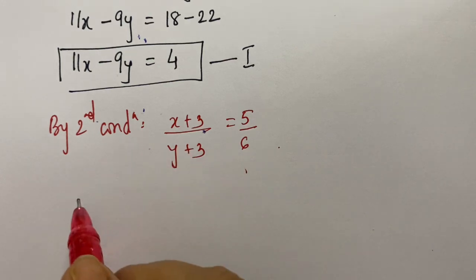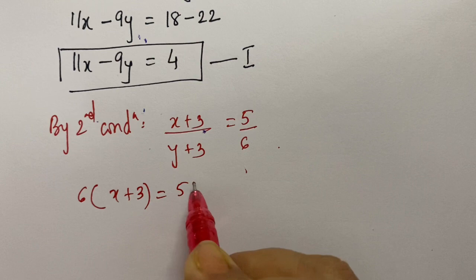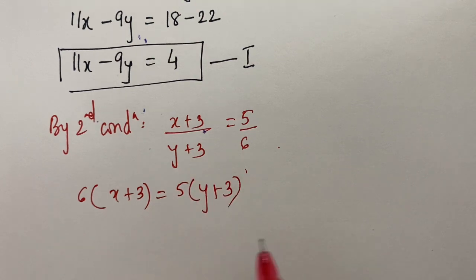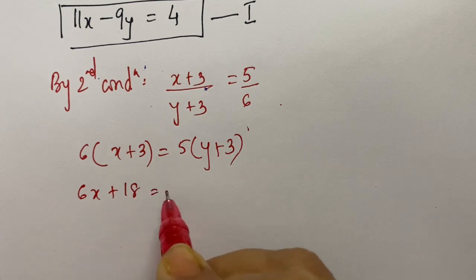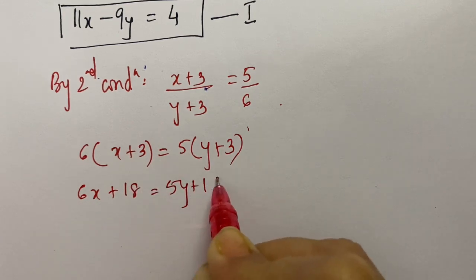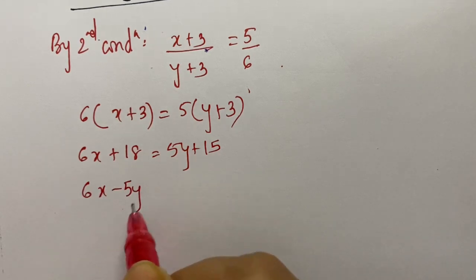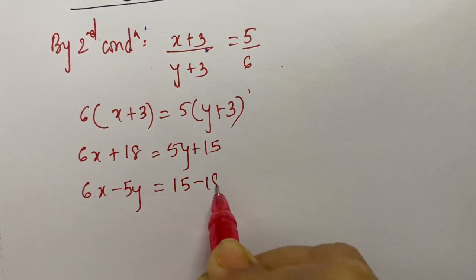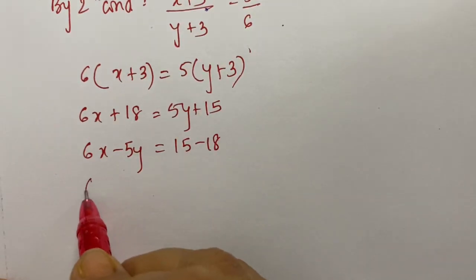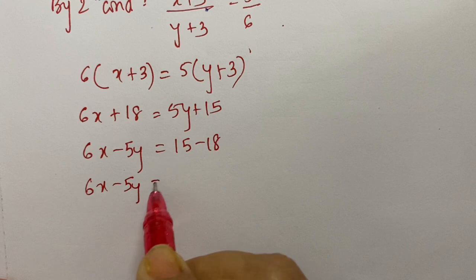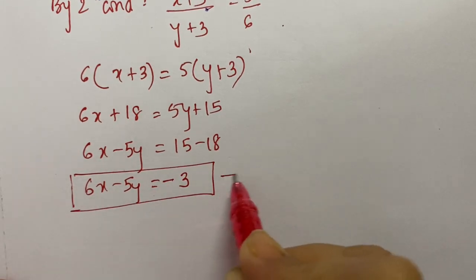Again you will cross multiply. 6 multiplied by x plus 3 and 5 multiplied by y plus 3. So here you will get 6x plus 18 and 5y plus 15. Let us transfer the terms. 6x minus 5y is 15 minus 18. So 6x minus 5y will be equal to minus 3. This is your equation 2.